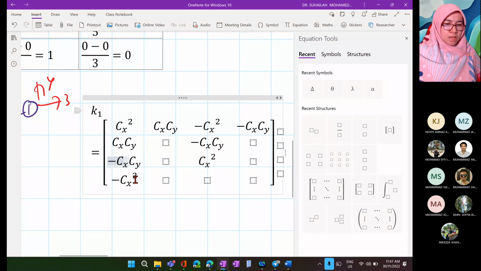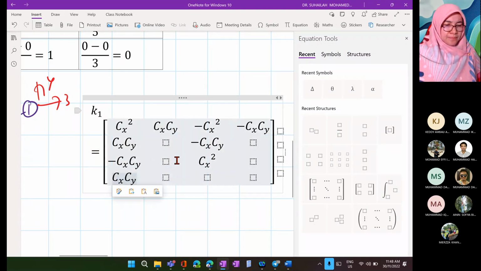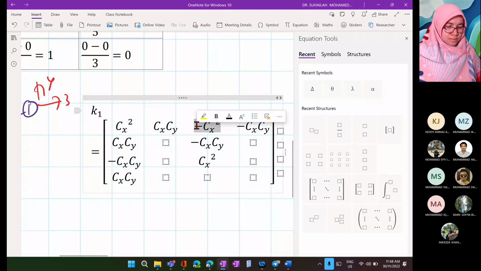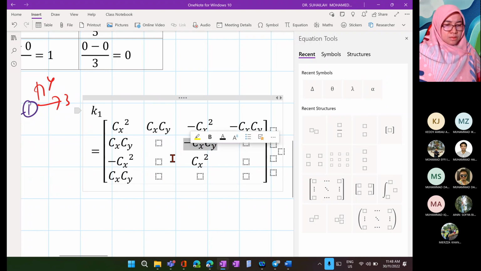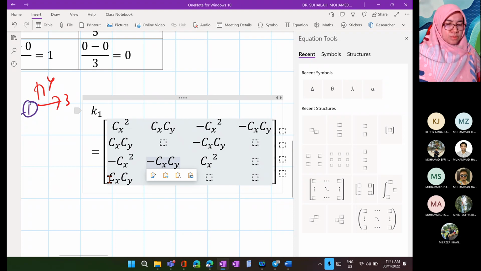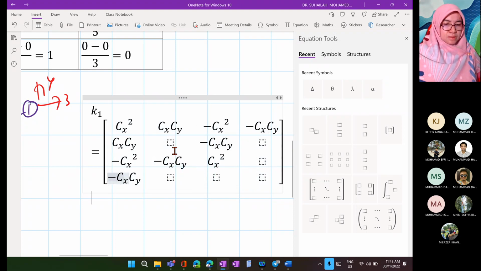Here is CXCY, here is CXCY. Please refer to the formula.